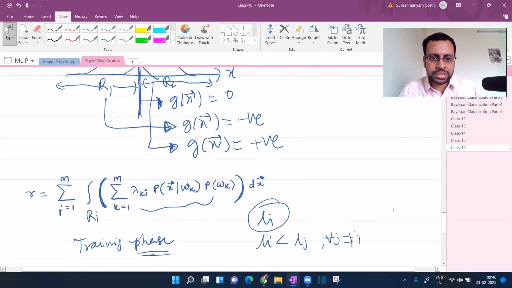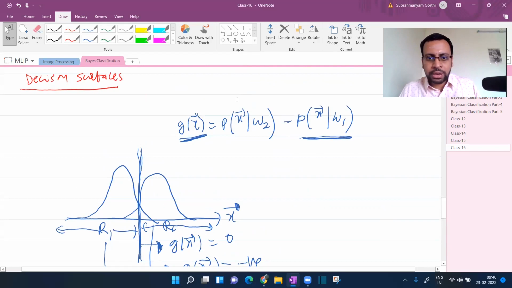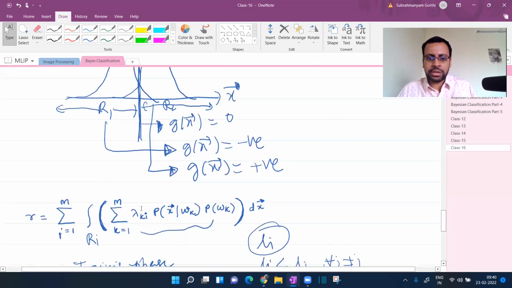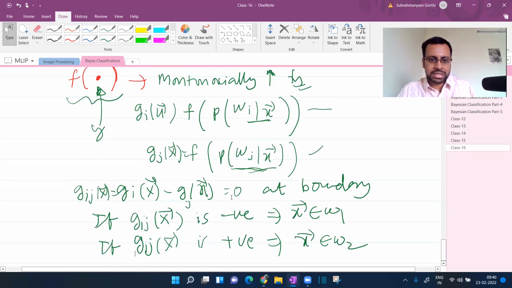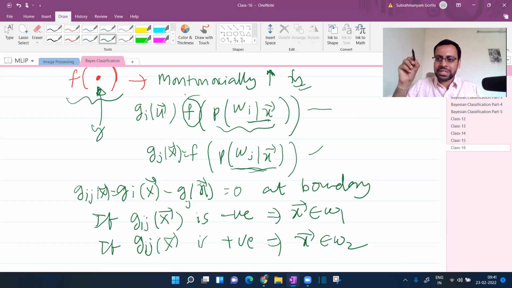I'll again take you to this hyperplane here. Look at what is happening. Probability of x bar given omega, just consider it for simple minimizing of total error probability. In that case, when both are equal, it is 0 here. That's exactly this condition. But now, instead of computing on the probabilities, you are applying a function f on them, and this is a monotonically increasing function.